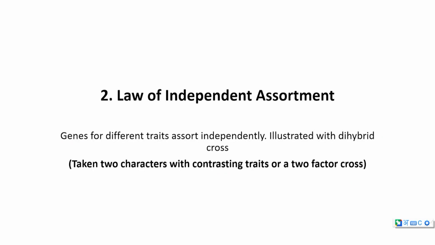Now comes the law of independent assortment. Remember, in independent assortment what is the difference? The difference is that before he was using 1 character, now he is using 2 characters. And then he is taking genes of different traits, which you can use in different combinations and they assort independently.